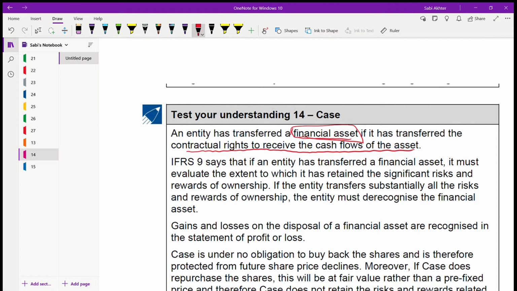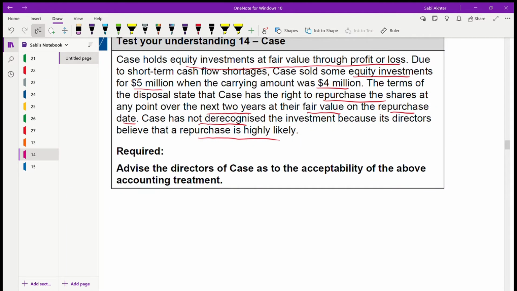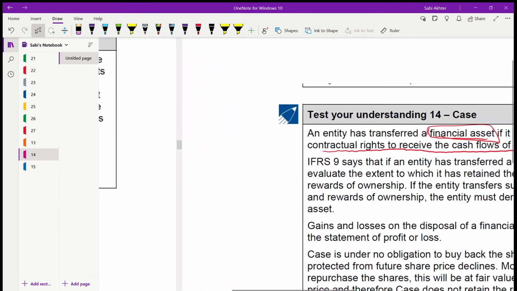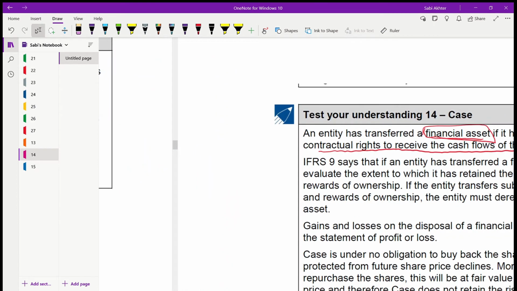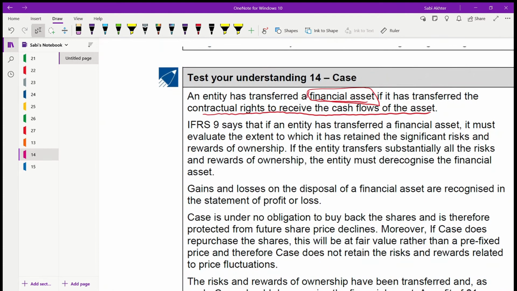Earlier, you will be receiving the cash flows from having these equity investments, right? Now if you are selling these equity investments, you are selling what? The contractual right to receive the cash. Someone else will be receiving the cash now. That's why we're talking about financial asset here.